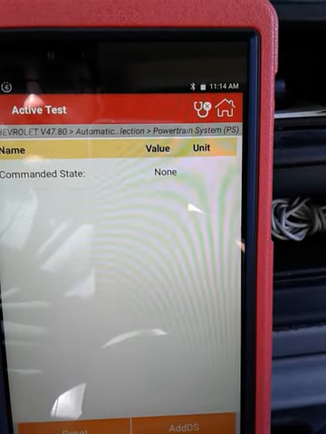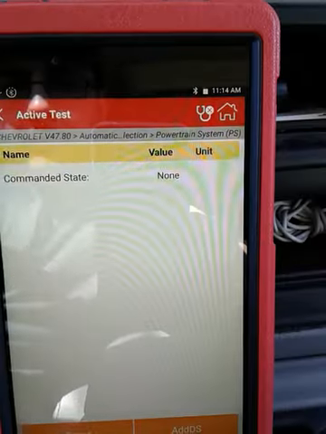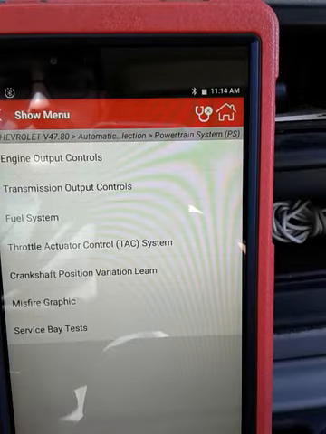I'm gonna go back, look at the fuel trim data.